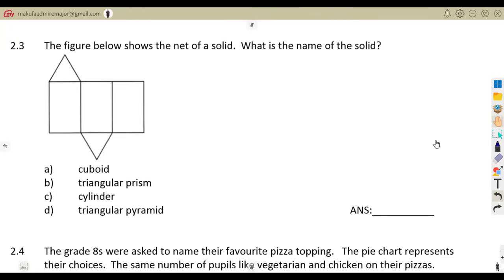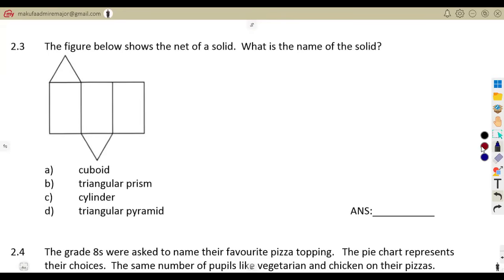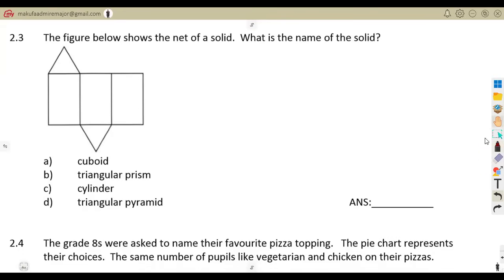So like I said, some of these questions, I removed them because of part of your syllabus, this and that, what you're working with. So I'm just going to focus on what you have in this case. The figure below shows the net of a solid. What is the name of the solid? So in this case, we have to consider if we were to have a complete figure at the end with this triangular part that we have.